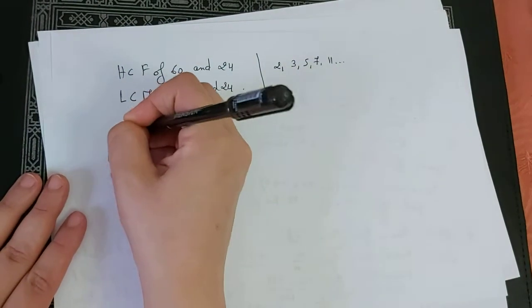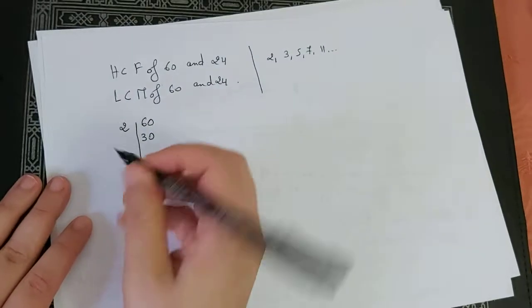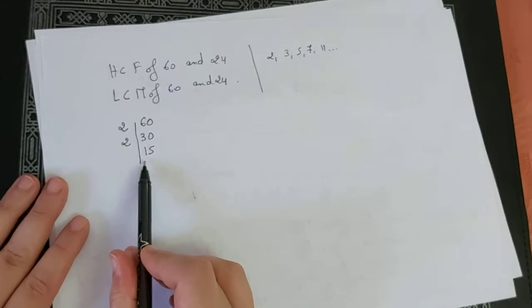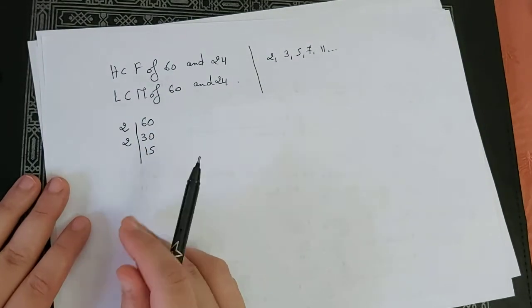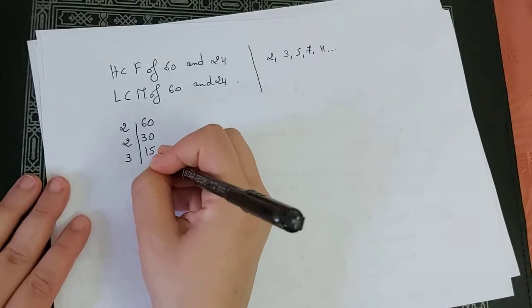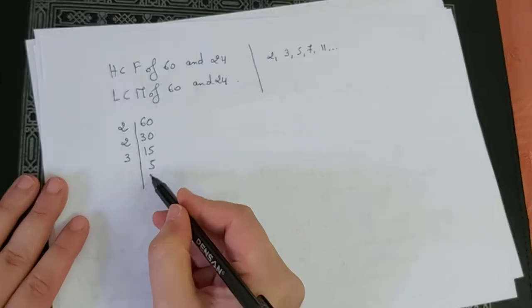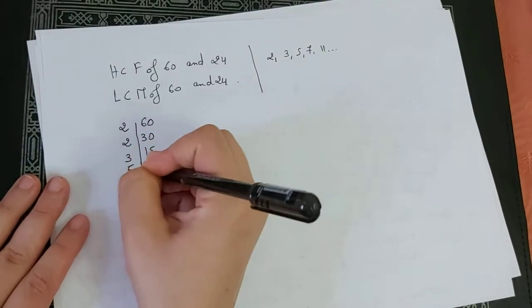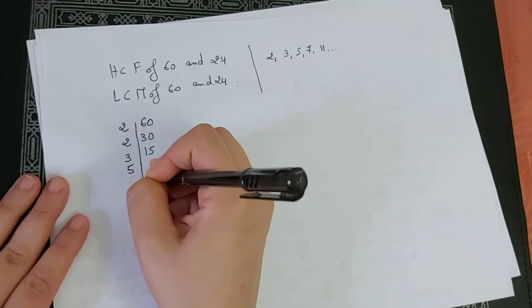60 divided by 2 is 30. 30 divided by 2 is 15. 15, I can't divide by 2, so I will move to 3. 15 divided by 3 is 5. I can't divide 5 by 3, but I can divide it by 5. So 5 divided by 5 is 1.